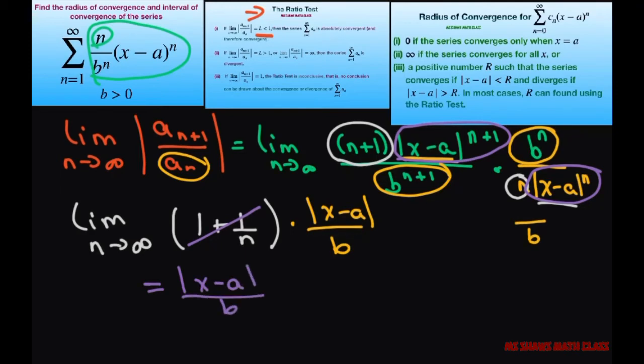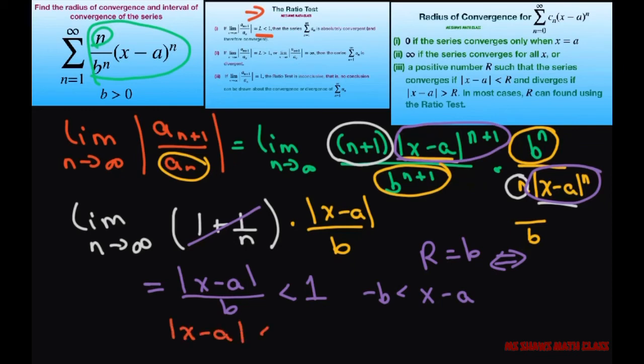Now, by the ratio test, the series converges when it's less than 1. So if this is our limit, it has to be less than 1. So r equals b if and only if we have x minus a greater than negative b, because we can write this real quick as the absolute value of x minus a is less than b.